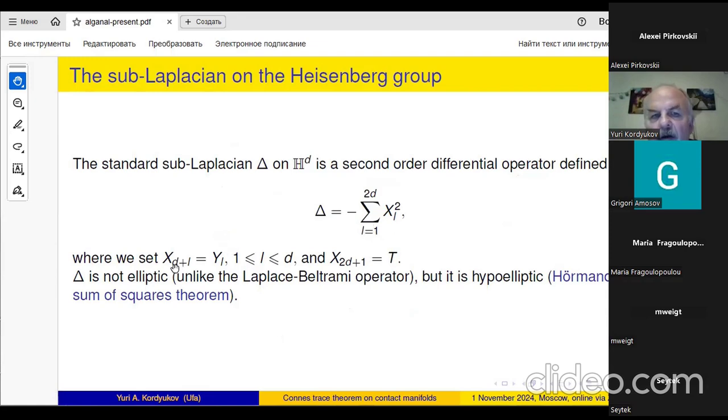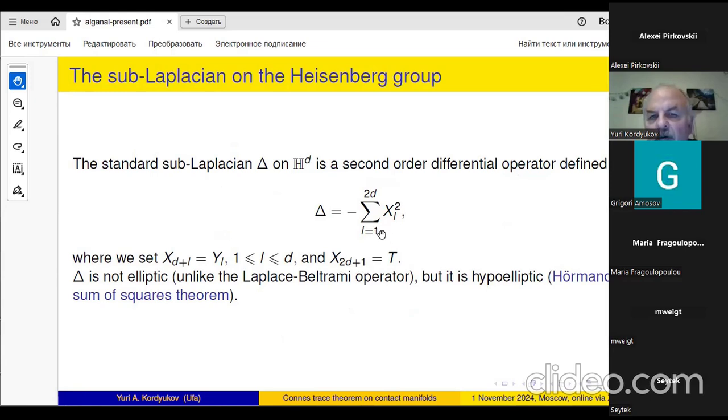And then we can consider the corresponding Laplacian, taking just the sum of squares of these X's and Y's, no T. And this is a famous sum of squares operator. So this operator is not elliptic because we don't take the T direction, the 2d plus 1.